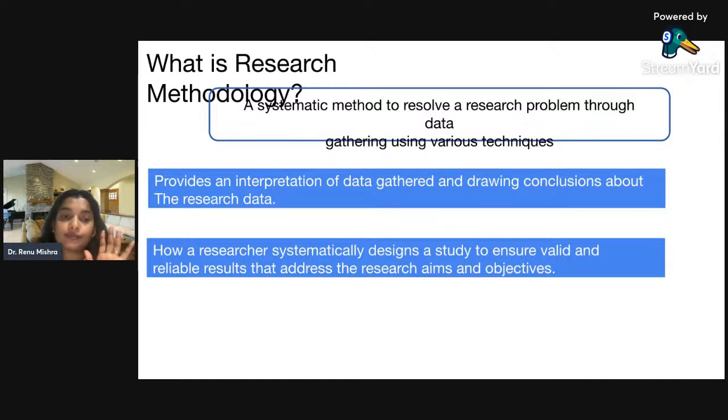This kind of objectives will help you decide what your research methodology will be. Now, if anybody comes to you randomly with a research title and a research problem, asking what their research methodology will be, different researchers can have different methodologies for the same research problem. However, stating the precise objectives for that particular research problem will help you decide the particular methods to be used, or the particular methodology to be followed.